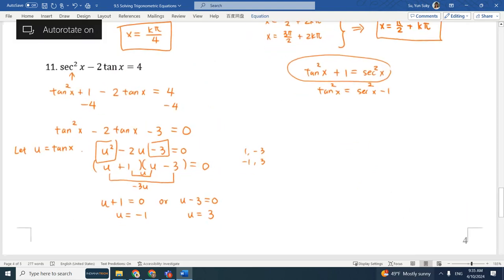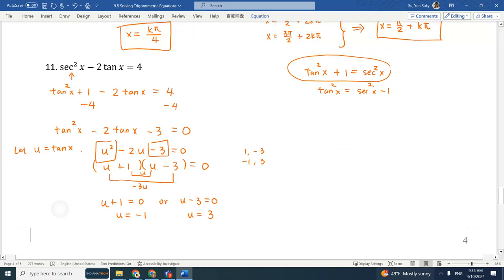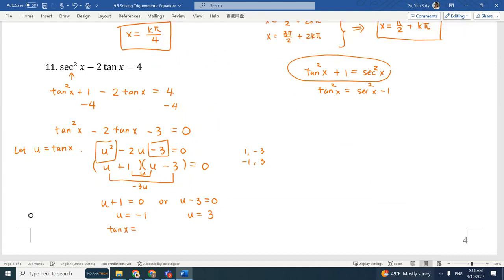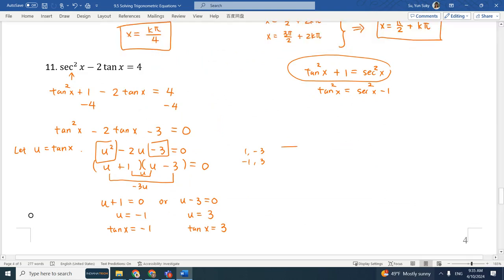Okay. So now we talk about the trig function. What is the u? Tangent x. Right, everybody? Okay. Now we draw the picture of the tangent.